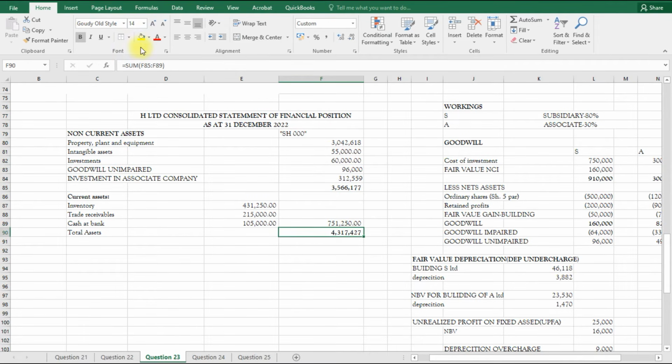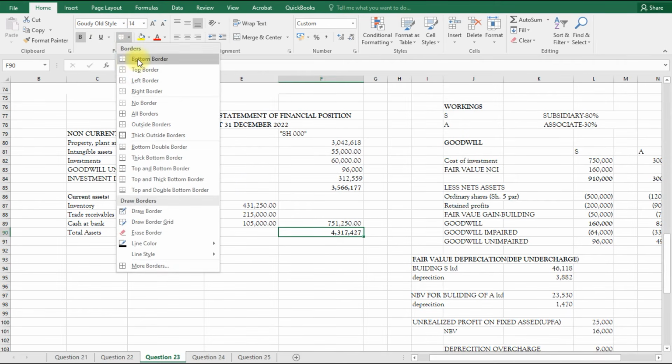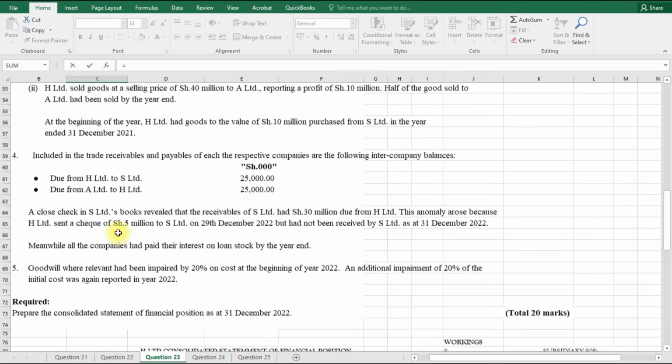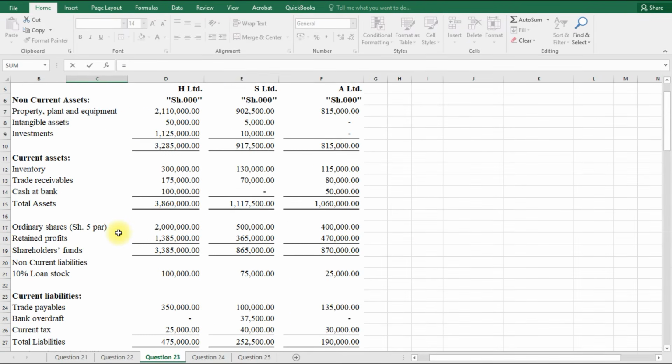Total assets, so I'll use top border and bottom, and I will put the bottom border to this. So here we'll put top border, that way. So we go to the next category, here, and in the next category we have the equity.